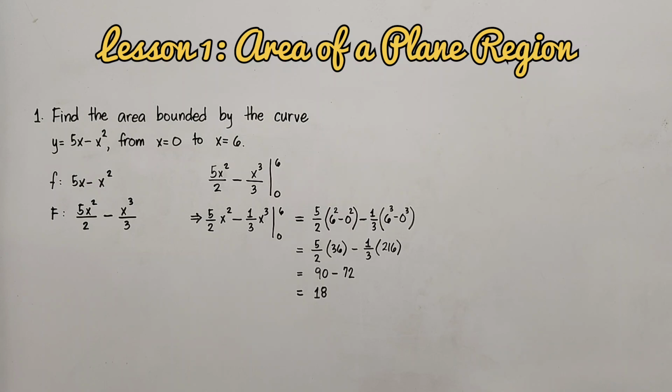Starting with the upper bound minus the lower bound. And that is now equal to 5 over 2 times 36 minus 1/3 times 216. And 5 over 2 times 36 is 90, minus 1/3 of 216 is 72. Getting the difference of 90 and 72, so we have 18.